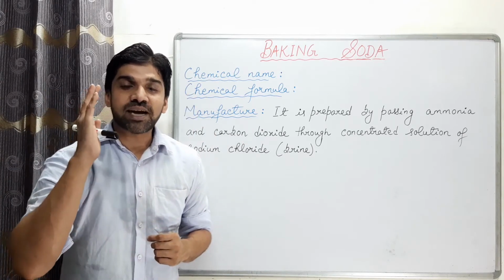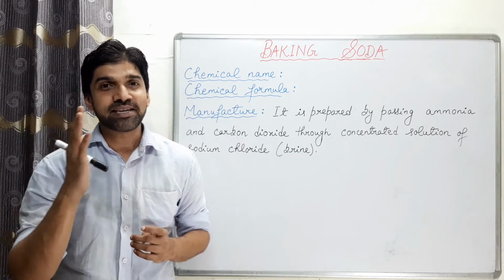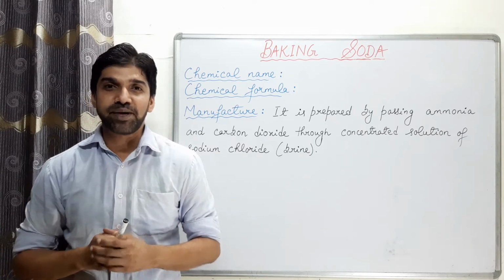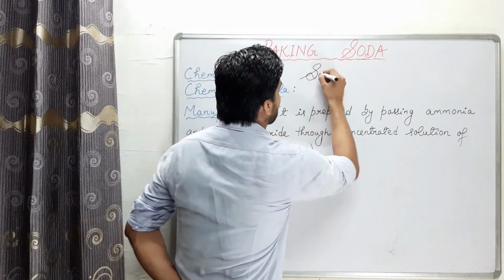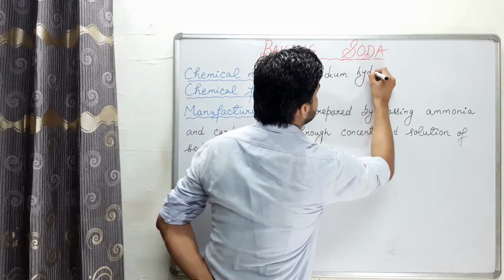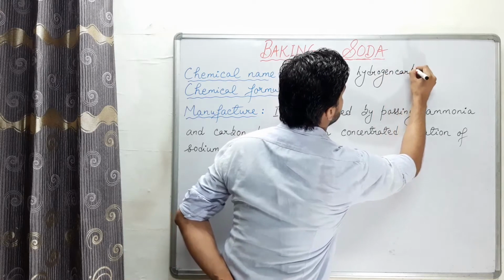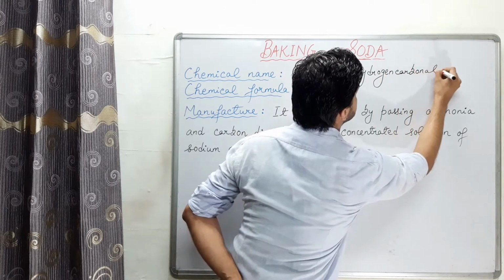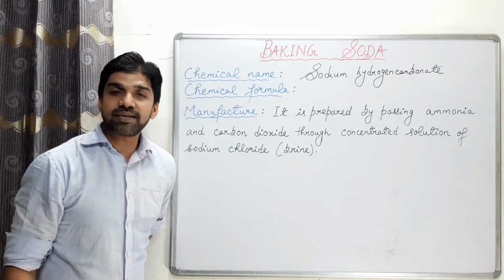Sodium hydrogen carbonate, also known as sodium bicarbonate, is the chemical name of baking soda. So what is baking soda? It is sodium hydrogen carbonate, also known as sodium bicarbonate, that is baking soda.